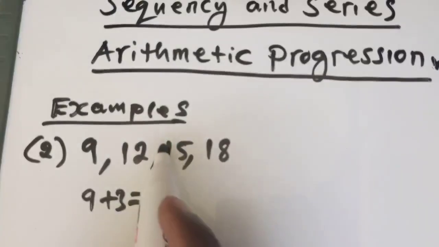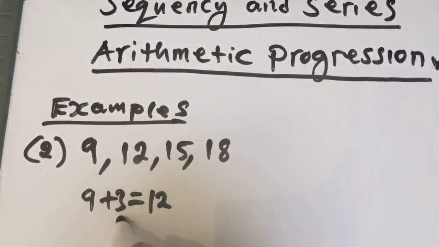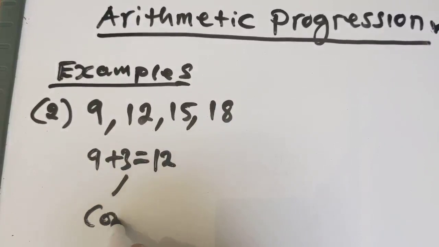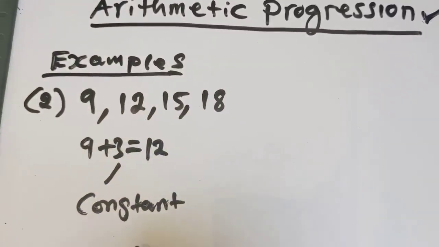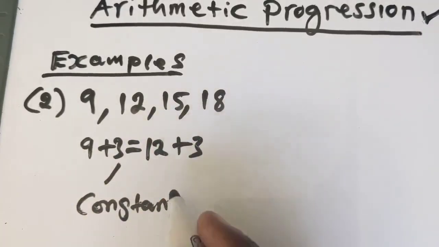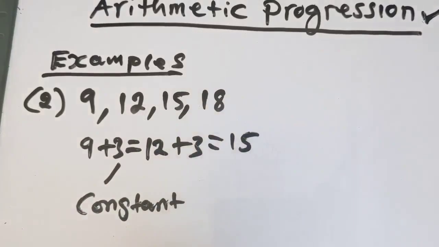Now, if they want to find the next term in this pattern, they are going to add the constant number, the constant number that they are adding in this pattern. So if they want to find the next term, they add the constant number, which is 3, and that is going to be 15, like that.